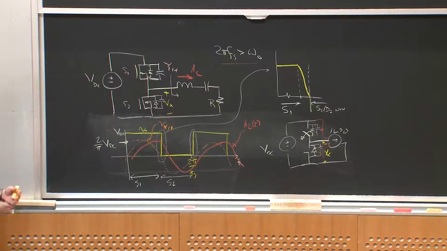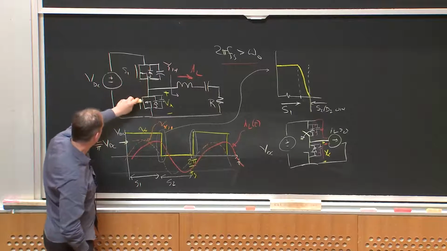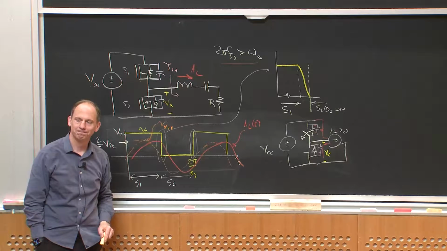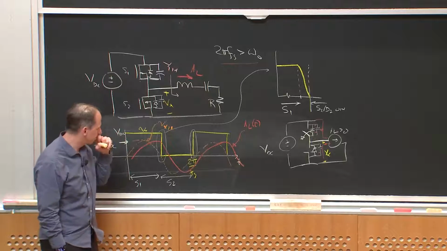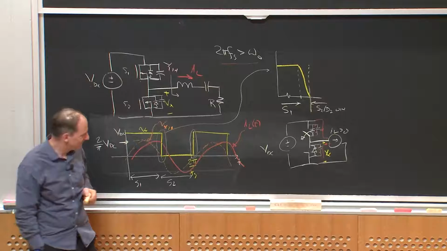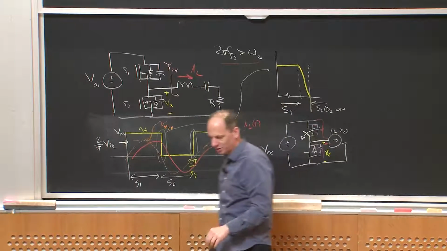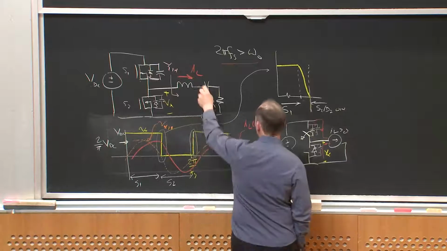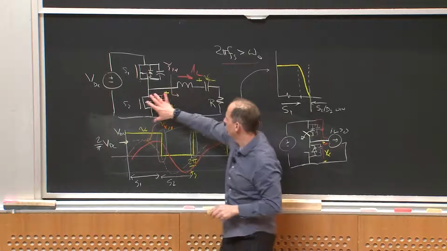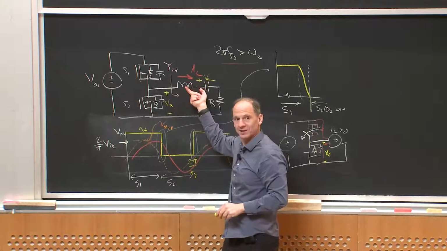Another nice thing is, these device voltages are both limited to the DC input voltage. However, a slight warning. If I were to look at the capacitor voltage, VC, VC can actually be much bigger than the peak value of Vx because these two components are in resonance.